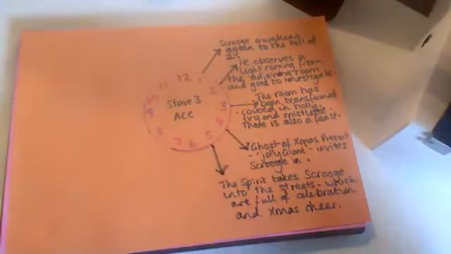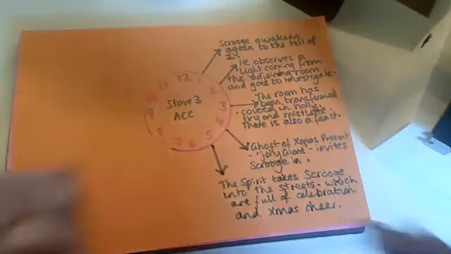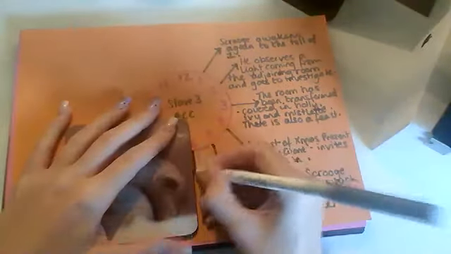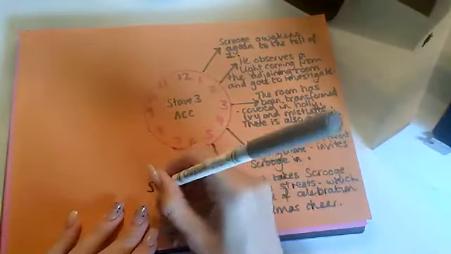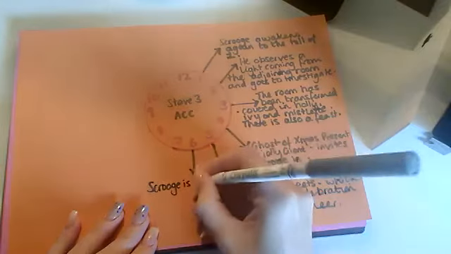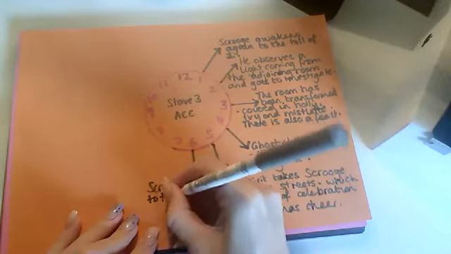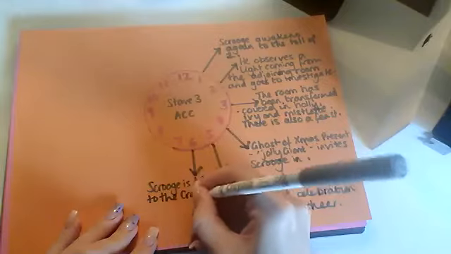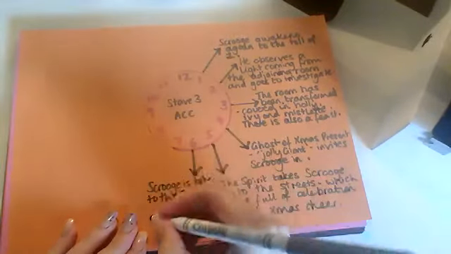So I'm just checking my notes, folks. Okay, they are taken to the Cratchit house. Scrooge is taken to the Cratchit's house, okay? And if you remember, Bob Cratchit is Scrooge's clerk.